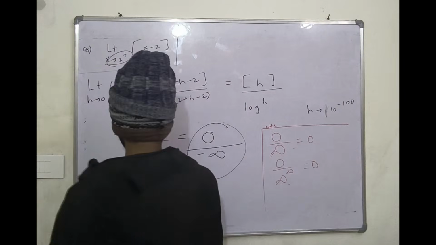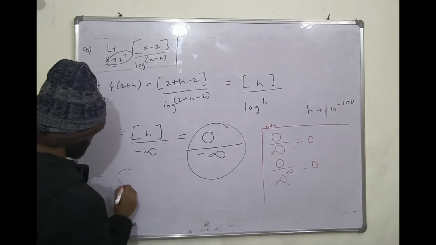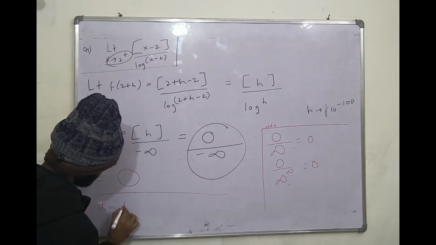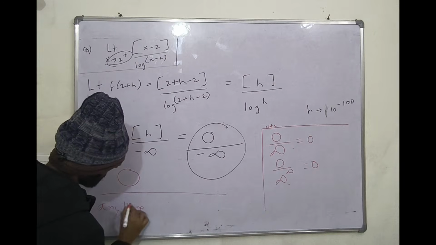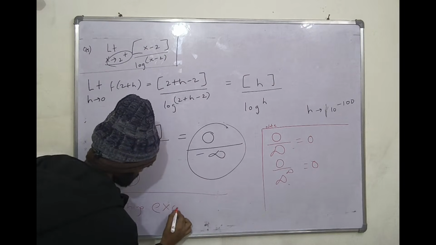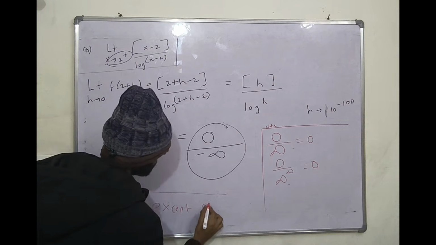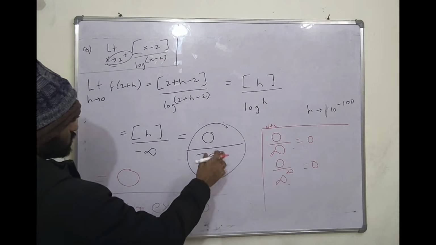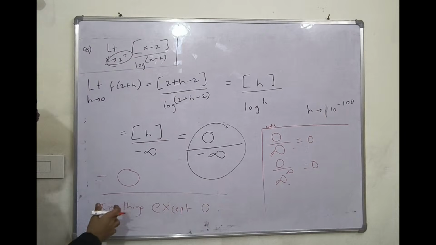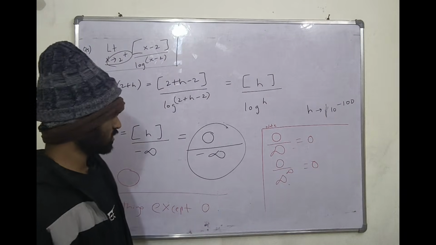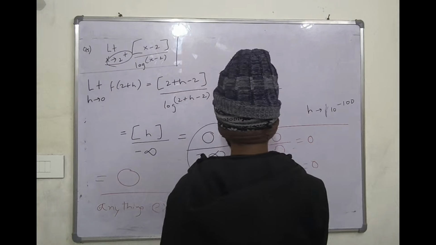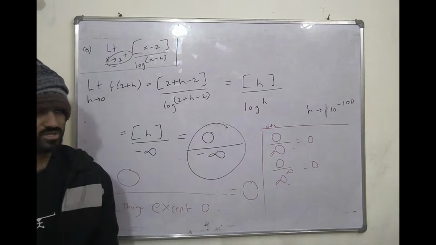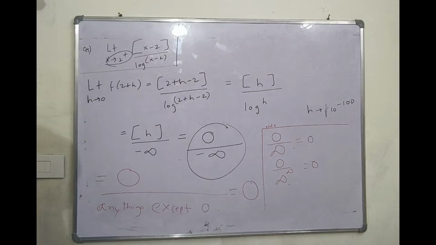Exactly 0 by anything except 0 gives 0. Here, in place of infinity, if you have 0, it is undefined. 0 by anything other than 0 gives 0. This is very important when we deal with limits of this type.